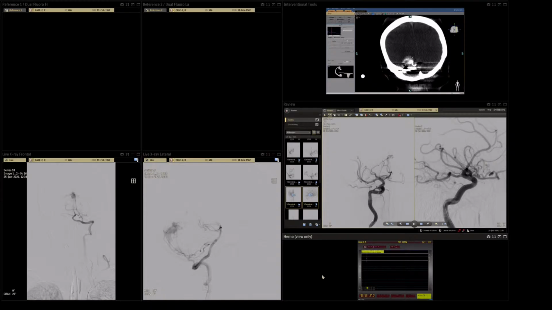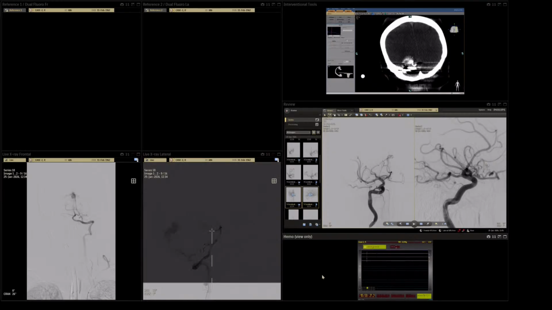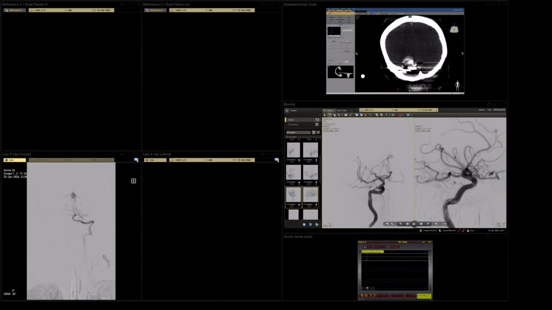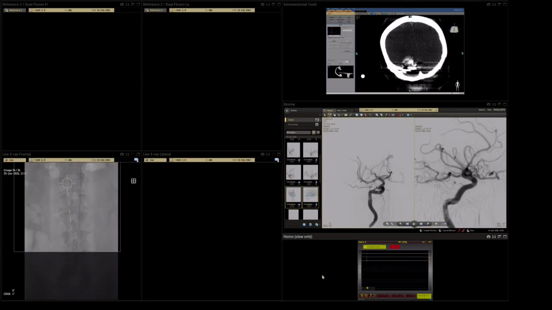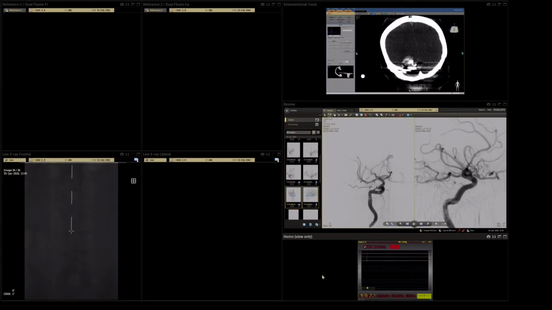Okay, let's check. Yes, we are in the artery. Patient with extra weight.